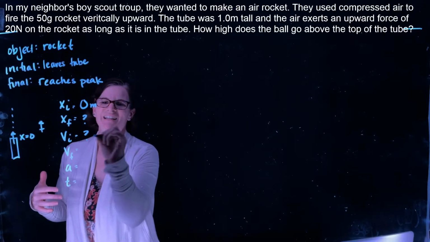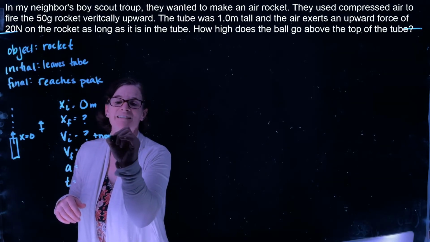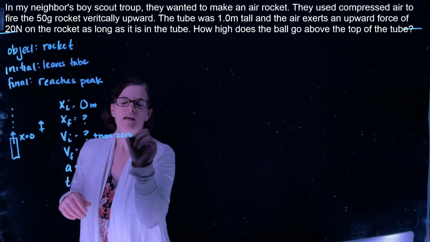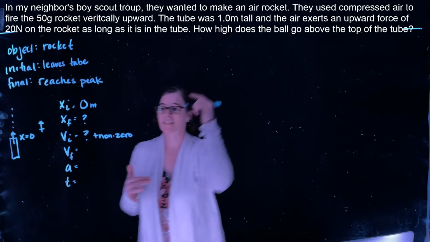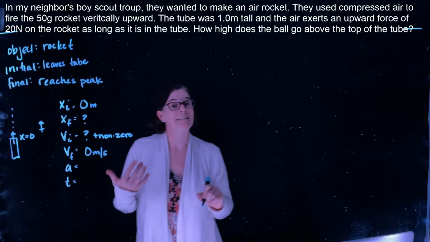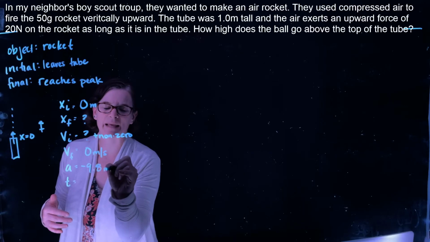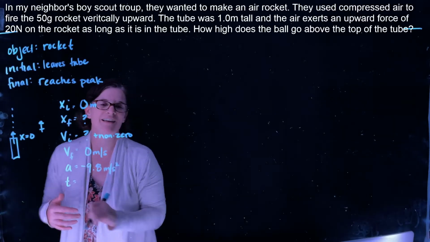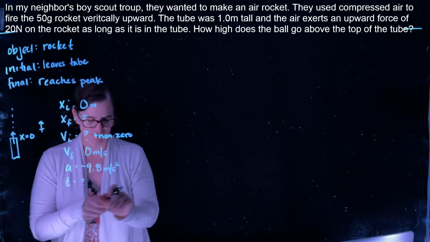Initial velocity, we don't know. We do know it's in the upward direction, so we do know it's positive non-zero. Our final velocity, okay, it's reaching its peak. So right at that peak, we know it hit 0 meters per second. It's in free fall in this situation, so that's negative 9.8 meters per second squared for our acceleration. And we don't know the time.